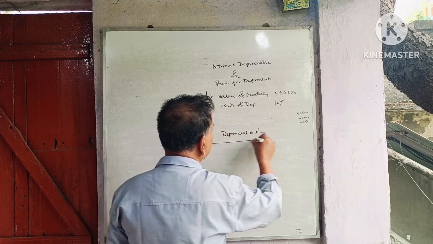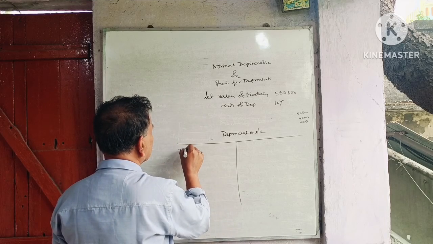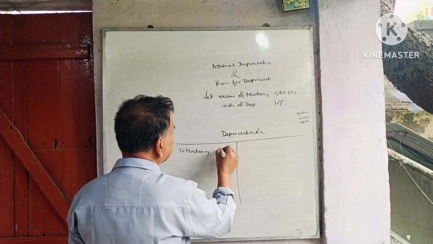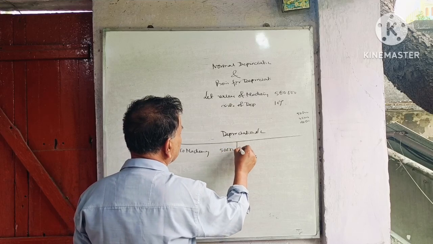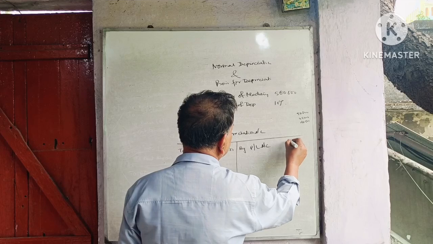What is the journal entry? Depreciation account debit to machinery. In the first year 50,000, that will be transferred to PL, by profit and loss account 50,000.